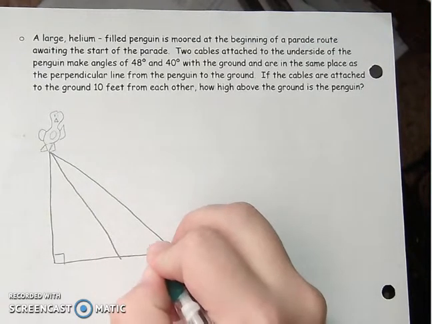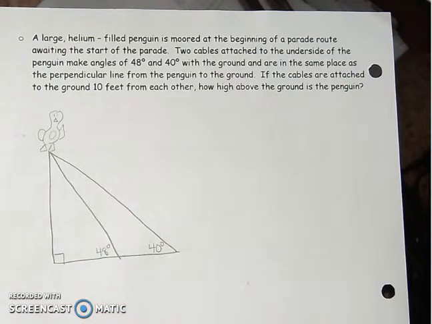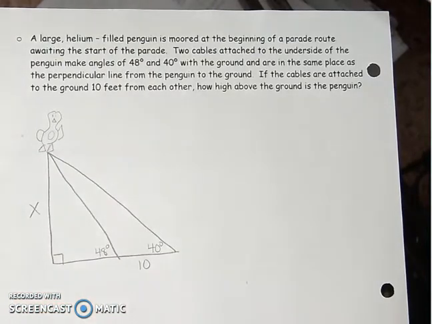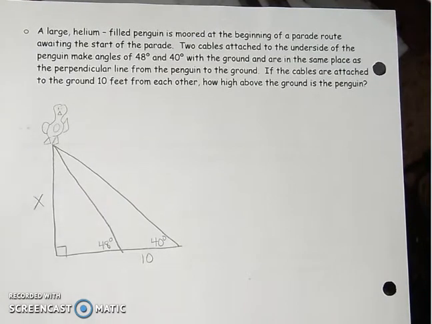Remember we said the smaller angle goes outside, bigger angle goes inside. The difference in this one is we're told that the cables are 10 feet apart from each other. And I want to know how high it is above the ground. So we still are dealing with two triangles within each other, except I don't have a common height that I can use to then find the difference between the cables.